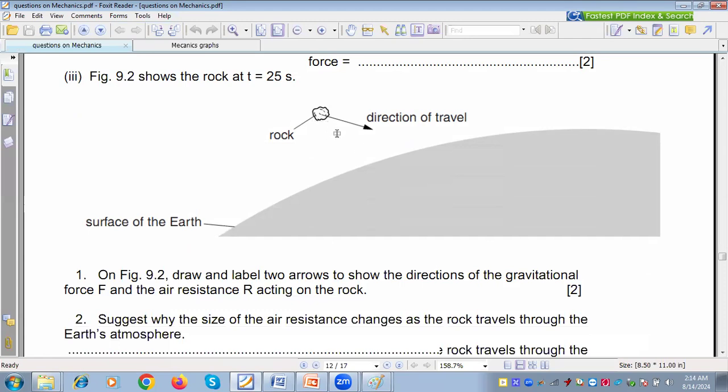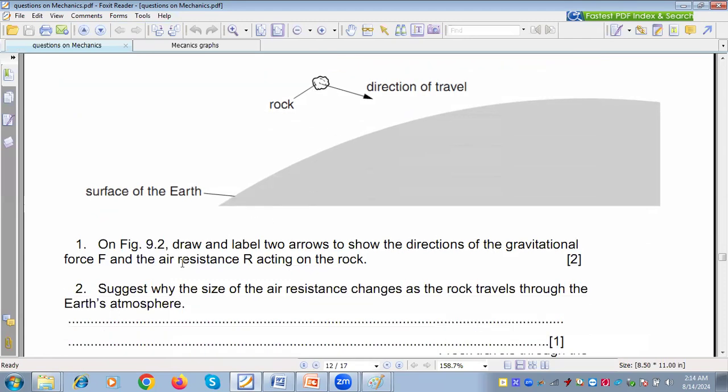The rock is traveling towards the earth, and you have to draw and label two arrows to show the direction of the gravitational force and air resistance, and the direction of travel. Air resistance will be acting in the opposite direction to the direction of travel. So the air resistance will be exactly opposite to it.